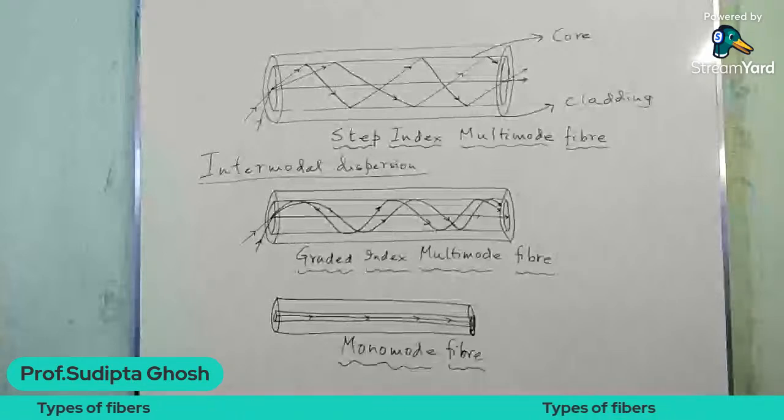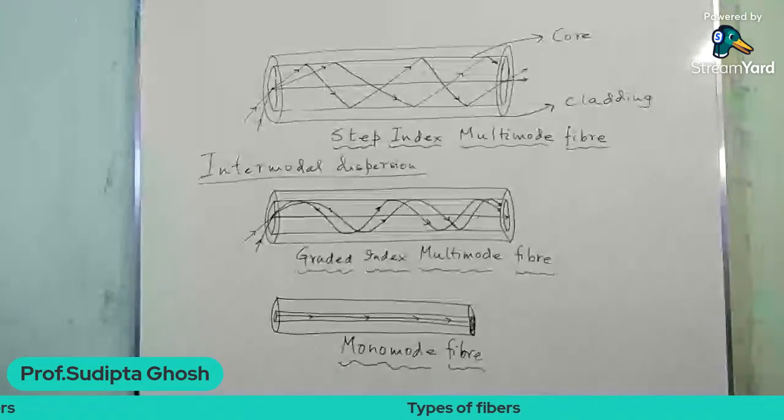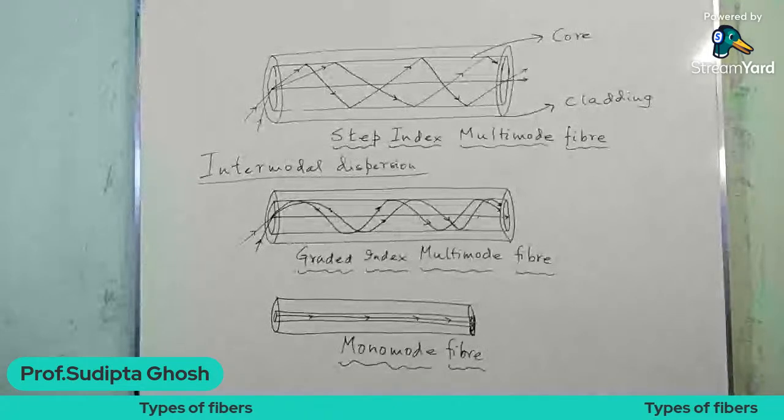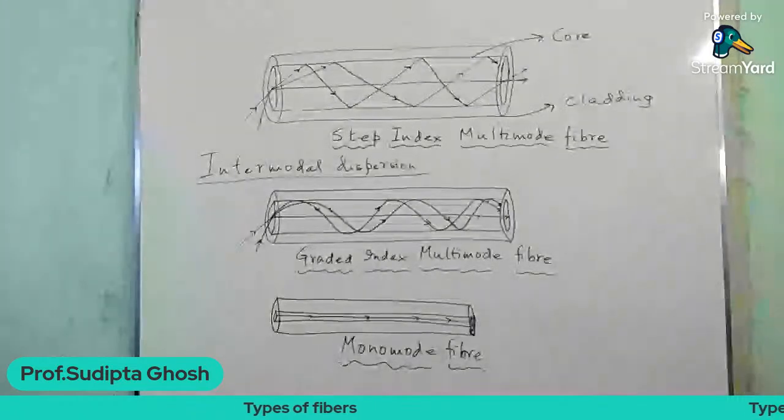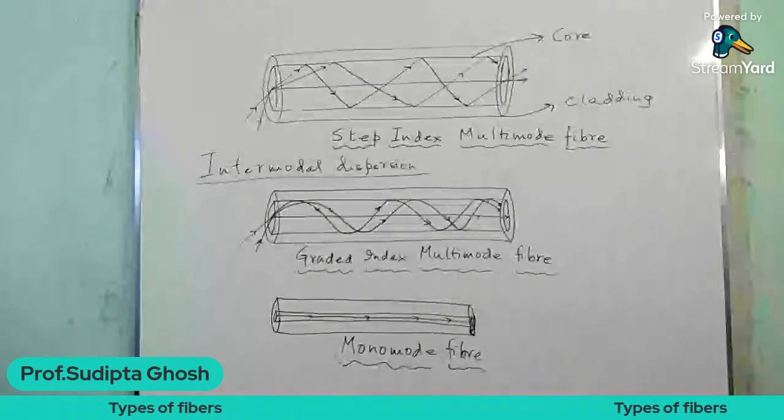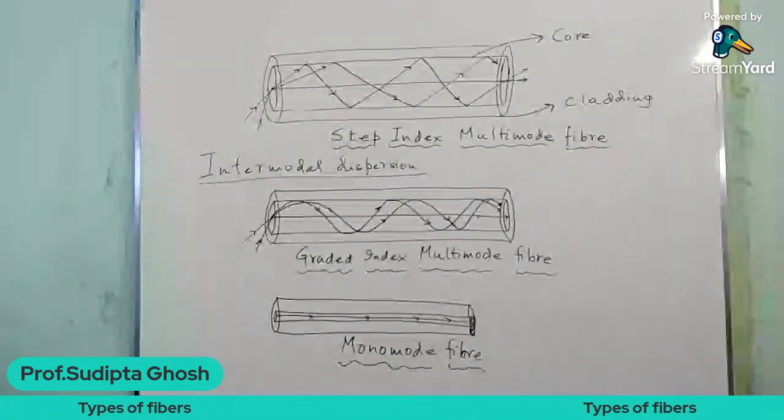So the graded index multimode fiber is medium priced. Intermodal dispersion is not so serious a problem here, and it is widely used in medium distance communication.